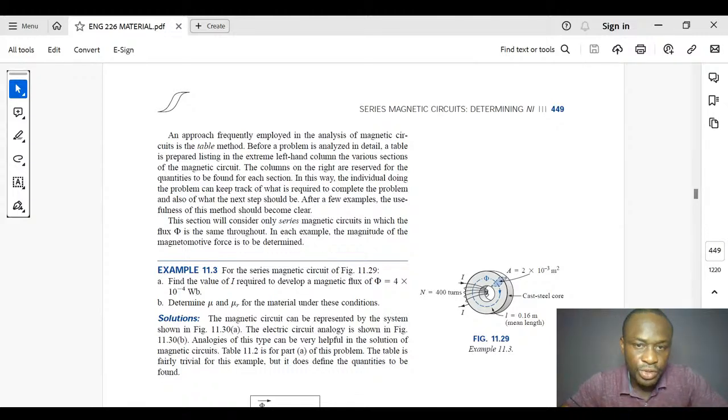Can you see what is showing? Can you see what is showing?